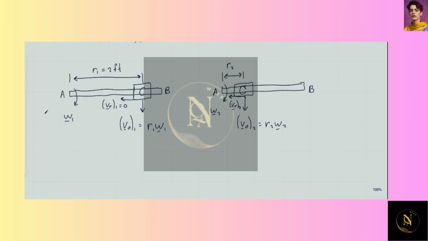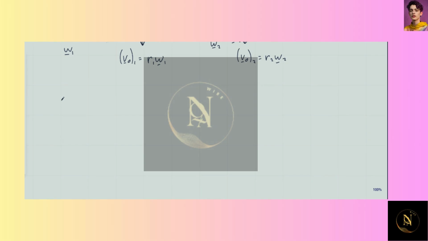So from kinetics, since we know the moments of all forces about the shaft at point A are 0, this means that the angular momentum about A in position 1 must equal the angular momentum about the same point A when the system is in position 2. So let's write down what these momenta are.